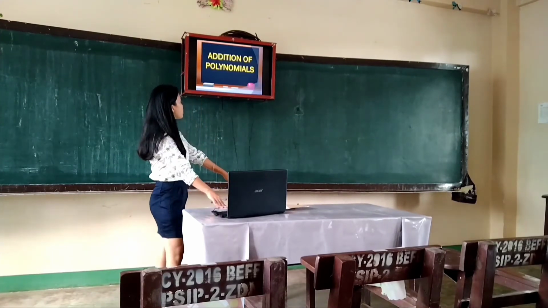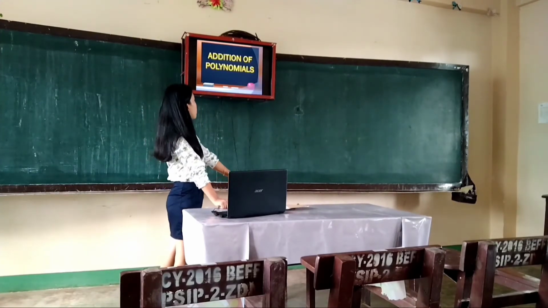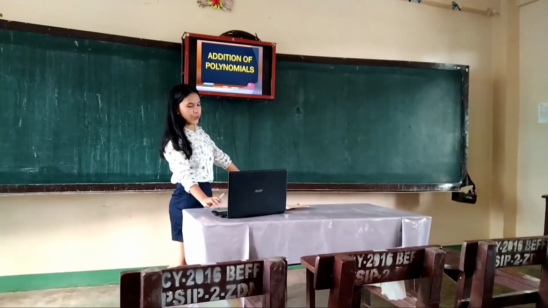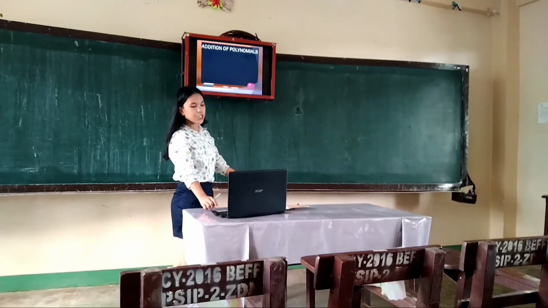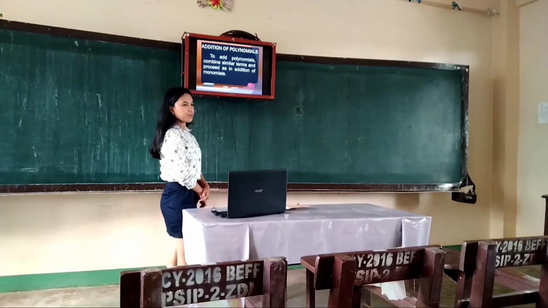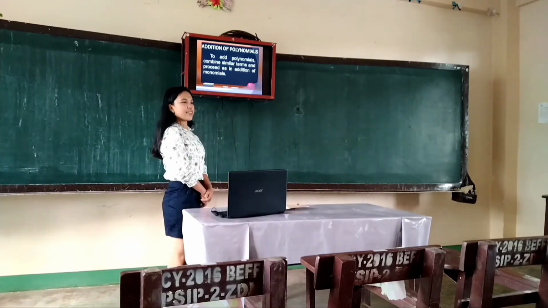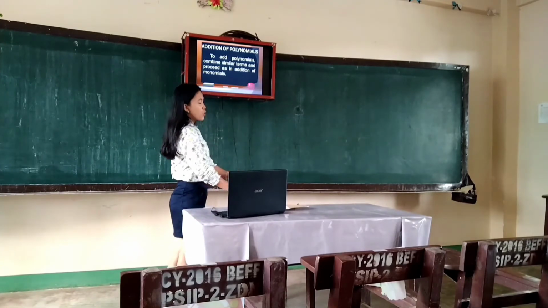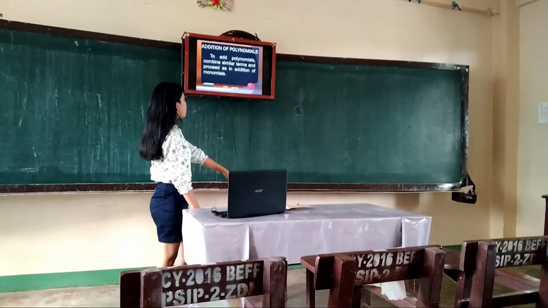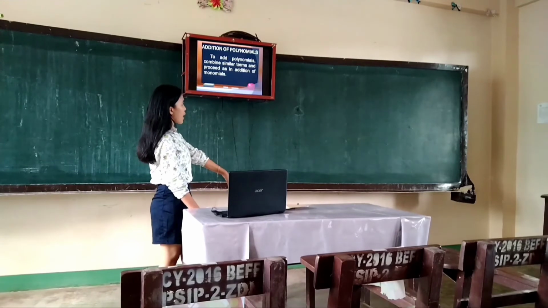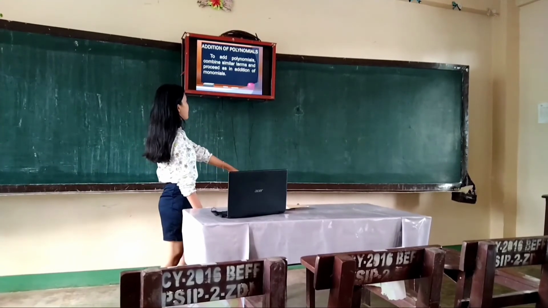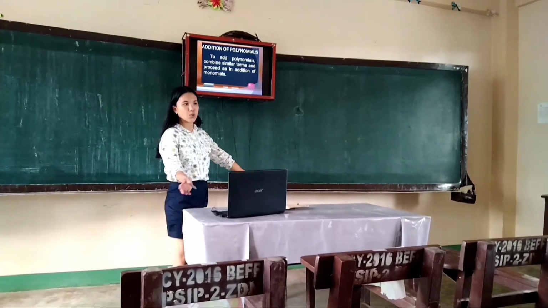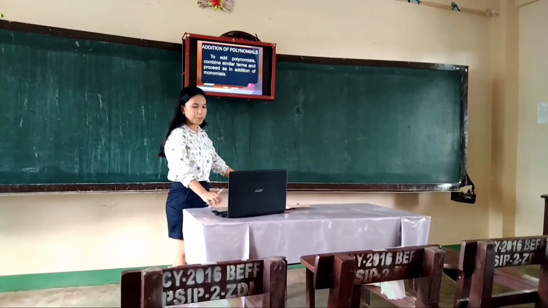So, this time, we will proceed to the operation on polynomials, which is the addition. Addition of polynomials. Okay, Miss Maxine, can you read? Okay, thank you. So, to add polynomials, combine similar terms or like terms and proceed as in addition of monomials, which we tackled last meeting.